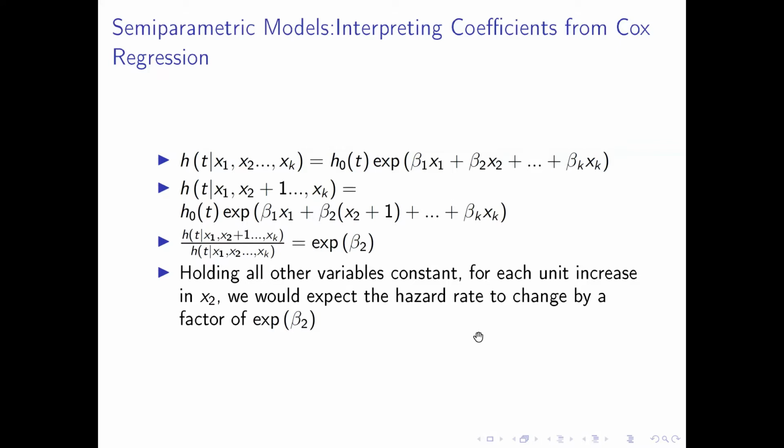If the exponential function of beta 2 is bound between 0 and 1, we say, holding all other variables constant, for each unit increase in x2, we would expect the hazard rate to decrease by a factor of the exponential function of beta 2. This is just for a generic variable x2, and the same interpretation is applicable to all other covariates. Here I'm just using a very generic variable.